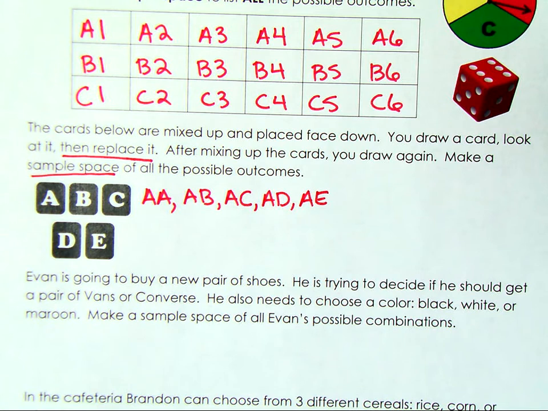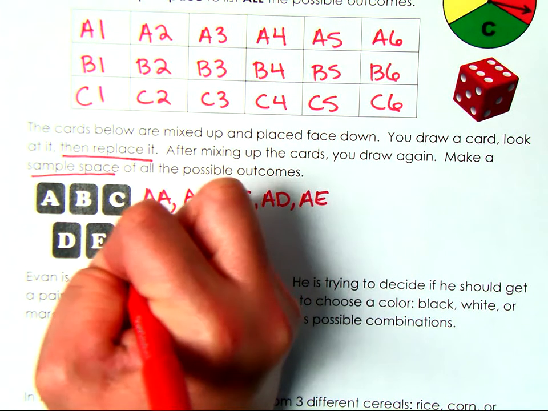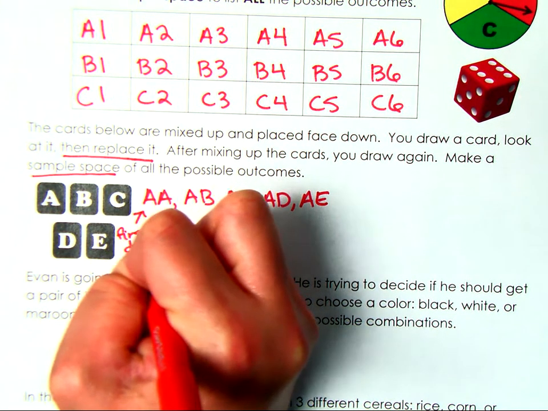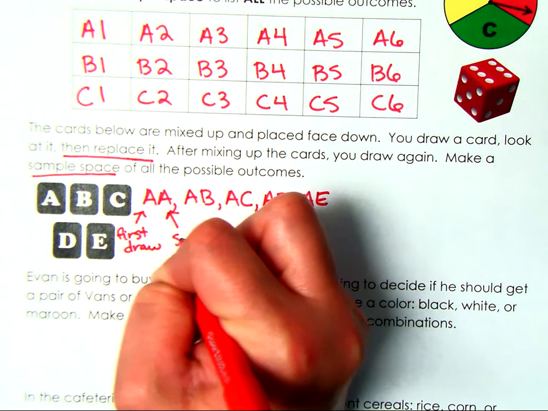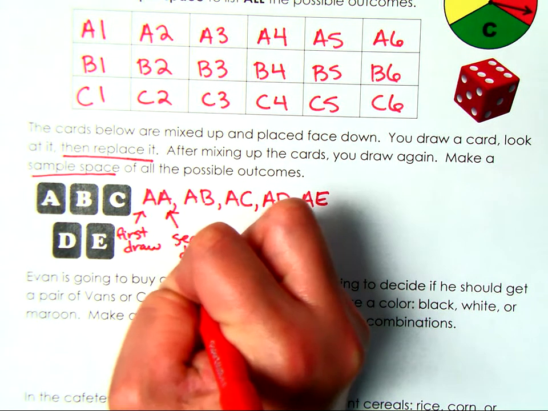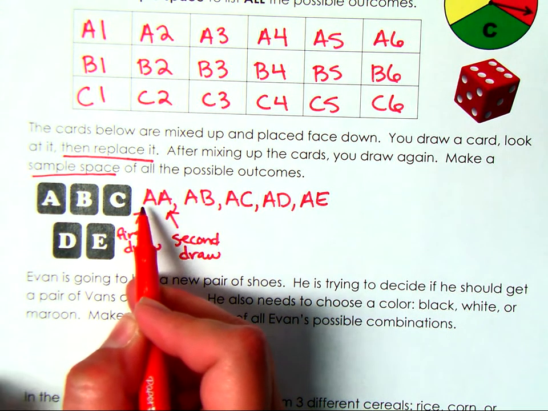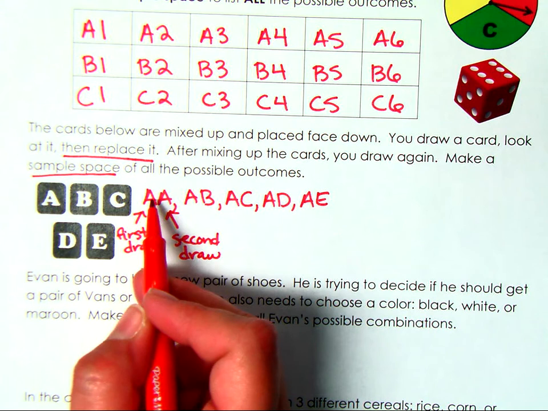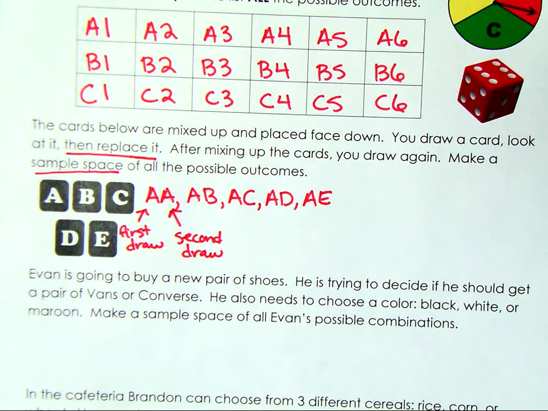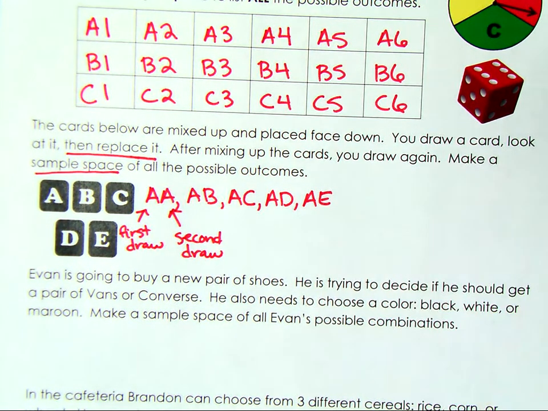What this represents is your first draw, and the second one is your second draw. So even though there's only one letter A, I could technically pick it up, put it back, and draw it again. Then we have our combinations. Let's use a couple different colors just to help you see it.